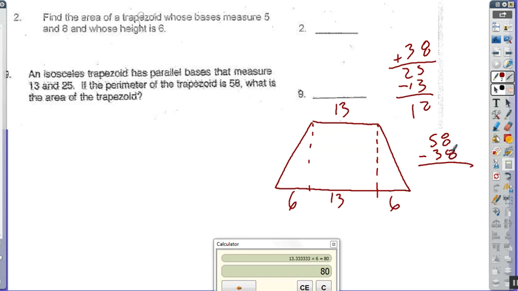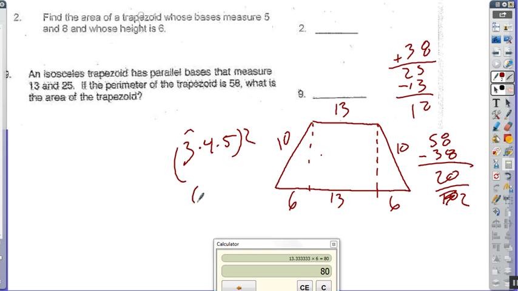So I subtract, I get 20 divided by 2, because I have 2 of them, I get 10 and 10. Oh, remember my Pythagorean triples? This is a 3-4-5 right triangle, but I am multiplying it by a scale factor of 2. So it's a 6-8-10.